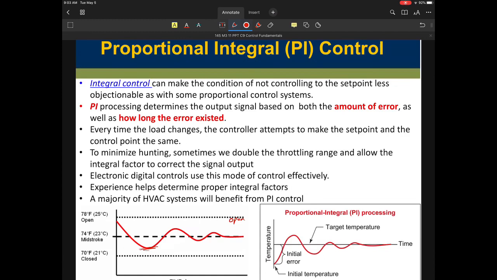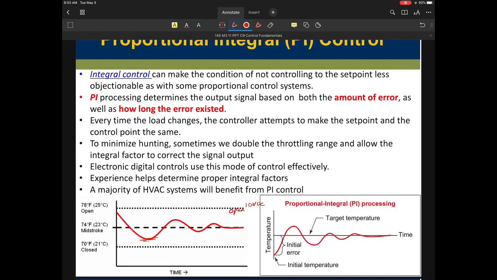So let's say that I have a valve that is going to be 100% open at that point, and let's say we're going to use a device that gives me 10 volts DC.